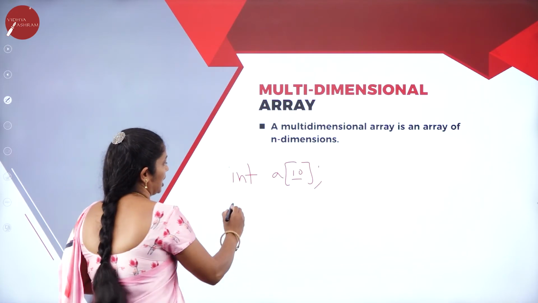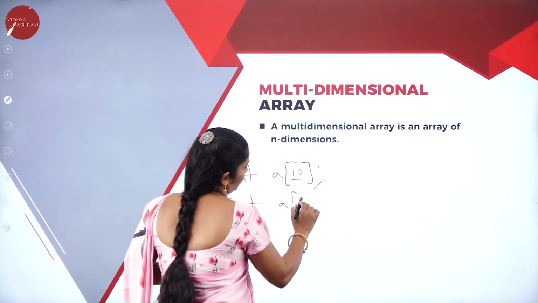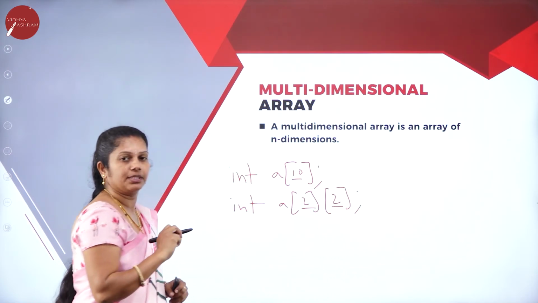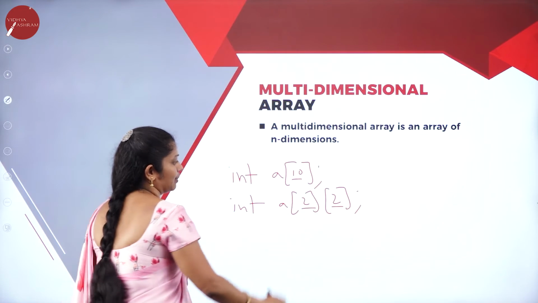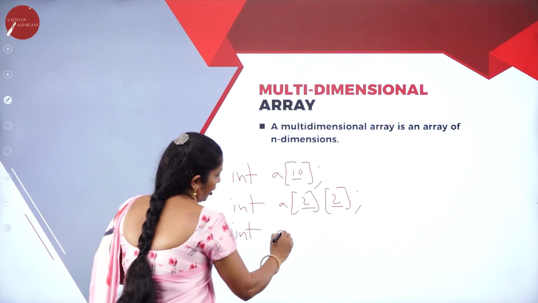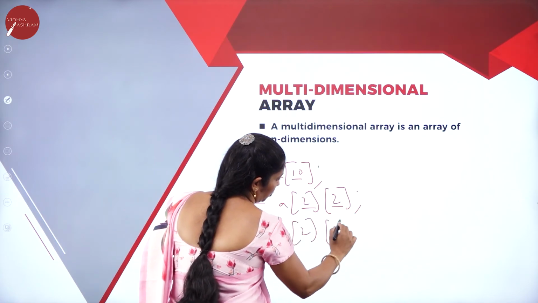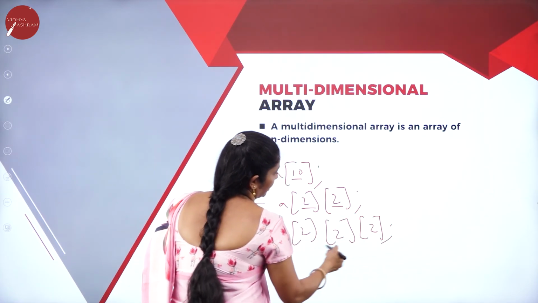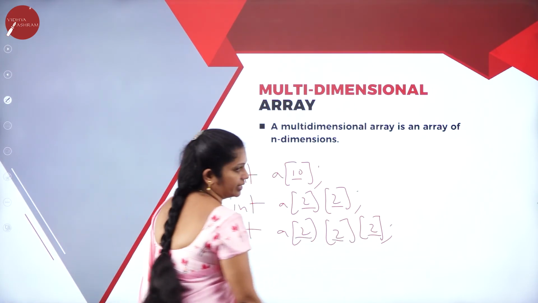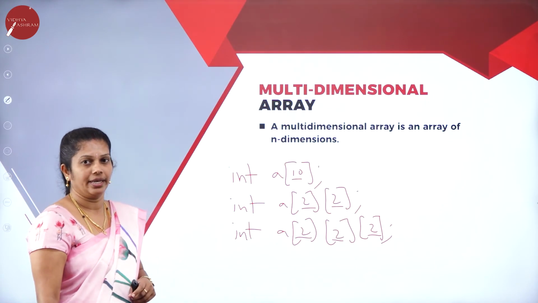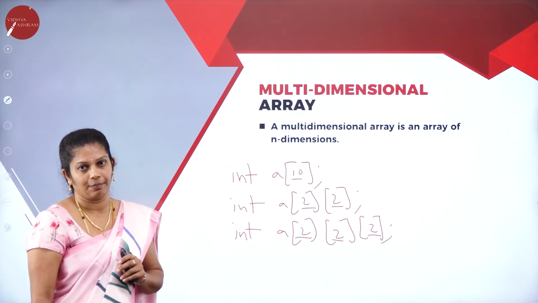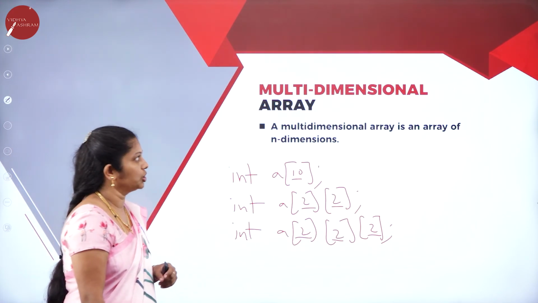If it is a 2-dimensional array, int a[2][2], we have 2 subscripts. The first subscript represents the total number of rows and the second represents the total number of columns. For example, int a[2][2][2]. Here we have 3 subscripts, more than 2, so it is called a multi-dimensional array. The array which has n dimensions, or more than 2 subscripts, is called a multi-dimensional array.